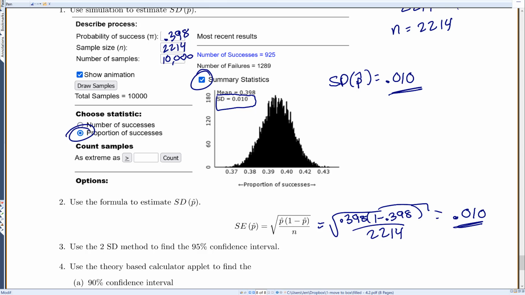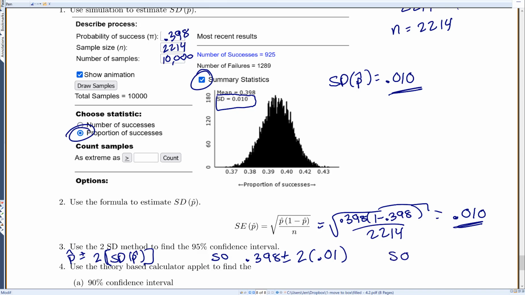Now it says use the two standard deviation method to find the 95% confidence interval. Well, that's just p hat plus or minus 2 times the standard deviation of p hat. So that's going to be 0.398 plus or minus 2 times my 0.01.